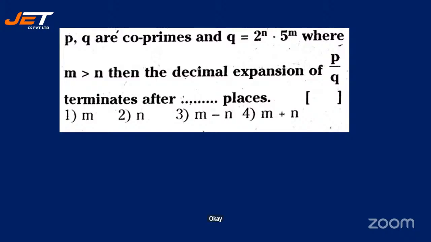Okay, I repeat my question. P, Q are coprimes and Q is equal to 2 power n into 5 power m, where m is greater than n, then the decimal expansion of P by Q terminates after how many places? M places, n places, m minus n places, or m plus n. Yes, let's see, it is m places.